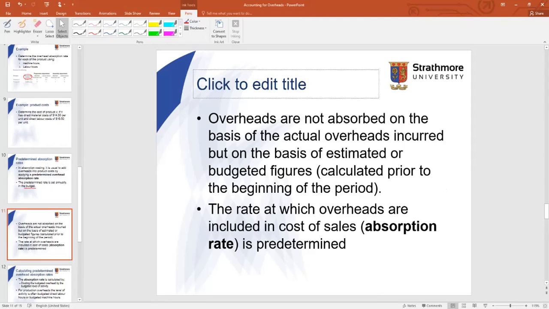So the overheads are not absorbed on the basis of the actual overheads incurred, but on the basis of the estimated or budgeted figures. We don't get the cost of the product based on the actual overheads. We use the predetermined rates that we determined before the time period. The rate at which the overheads are included in the cost of the product is predetermined.